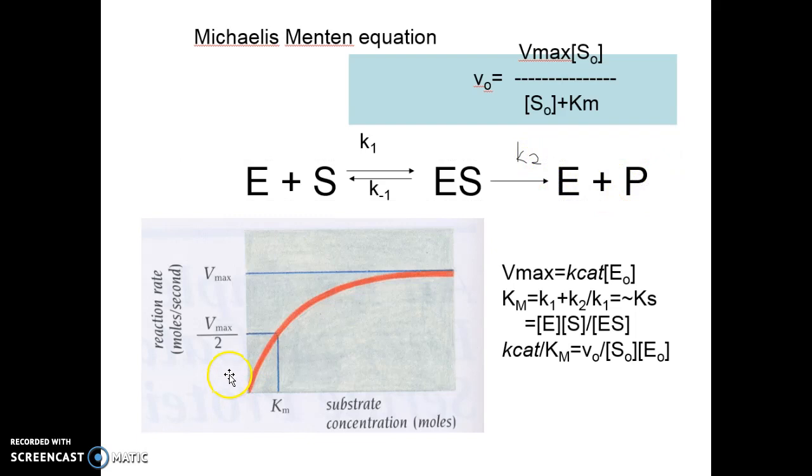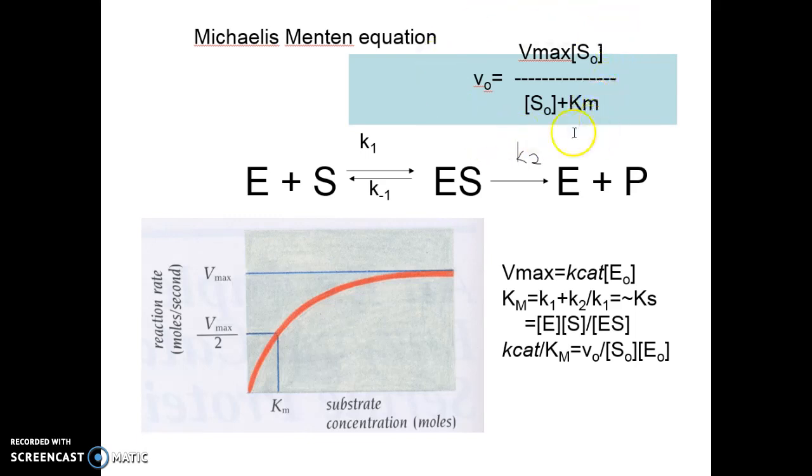The reaction rate is a function of the substrate concentration following a hyperbolic curve as shown in this picture. This could be explained by the equation, and from this equation we can derive the Michaelis-Menten equation.